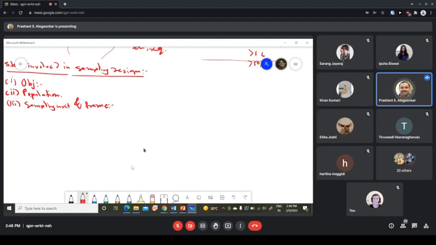A sampling frame contains the names of all items of the universe, in the case of a finite universe only. These are the things we need to keep in mind when we are designing the sample. The next thing is the size of the sample. This refers to the number of items to be selected from the universe to constitute a sample.